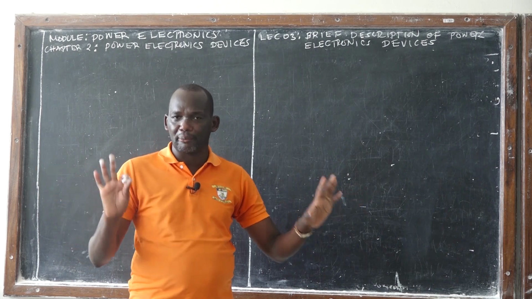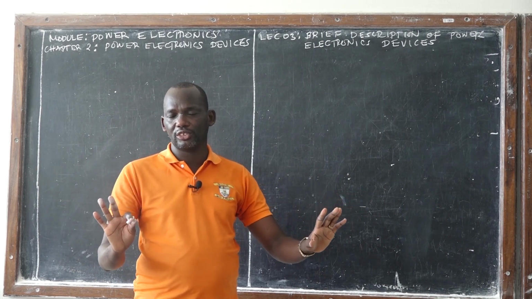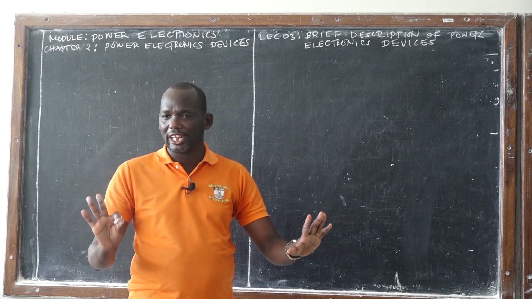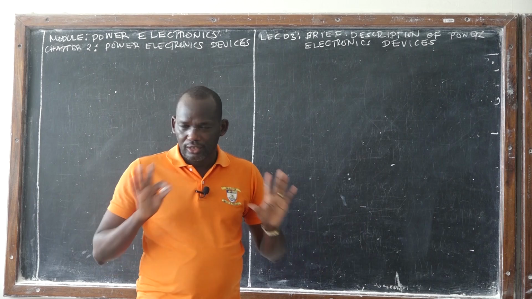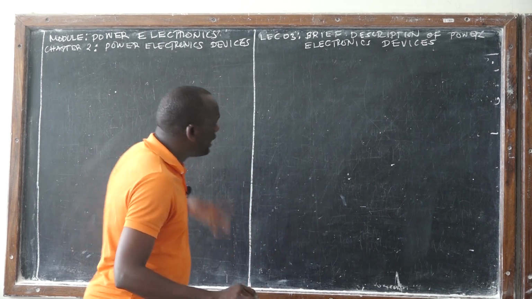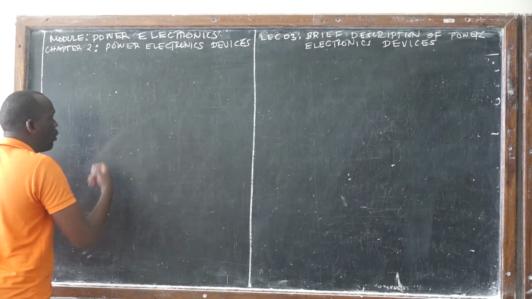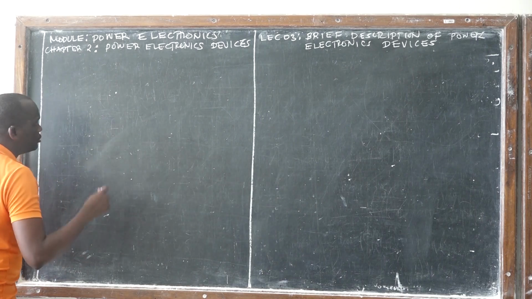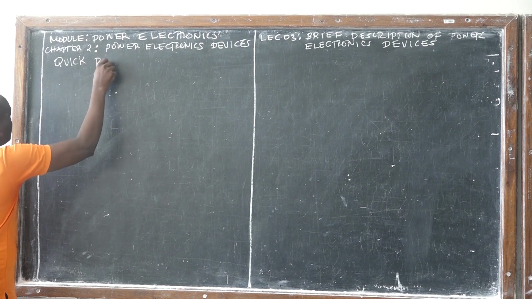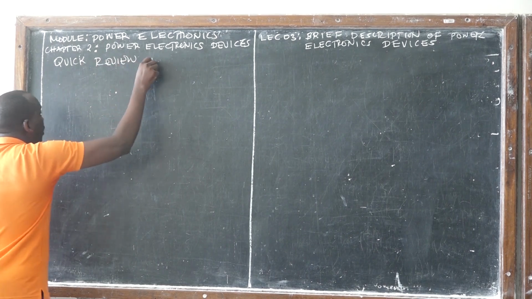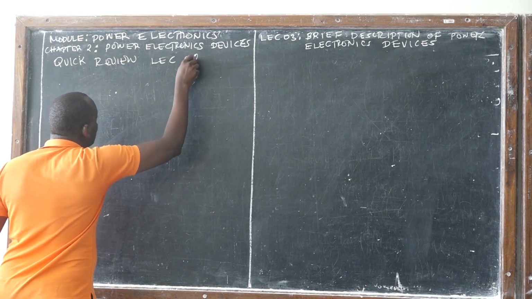So if that's the case, I'm ready to teach you. I don't know about these physical students who are in this class. Are you ready for lecture 3? Yes. So if you are ready for lecture 3, let me remind us what we discussed in lecture 2. A quick review of lecture 2.